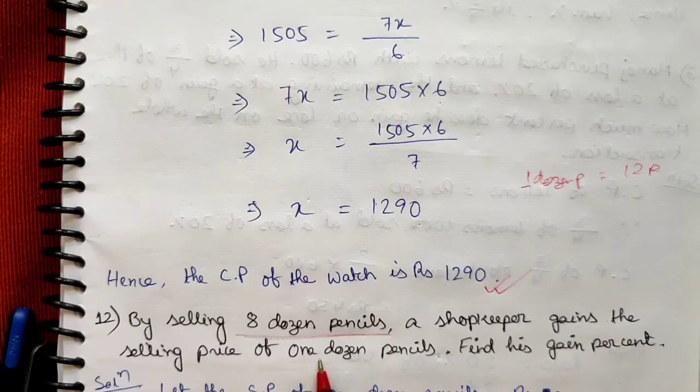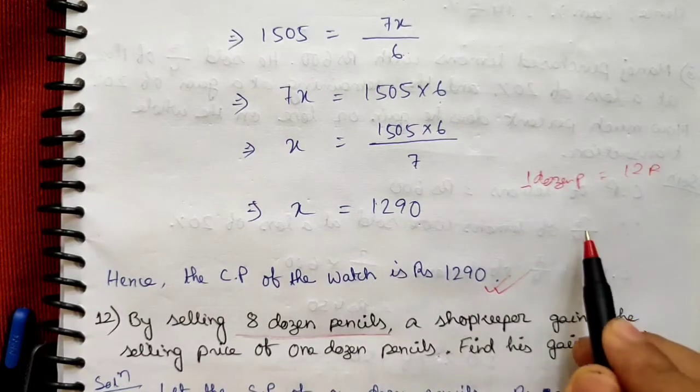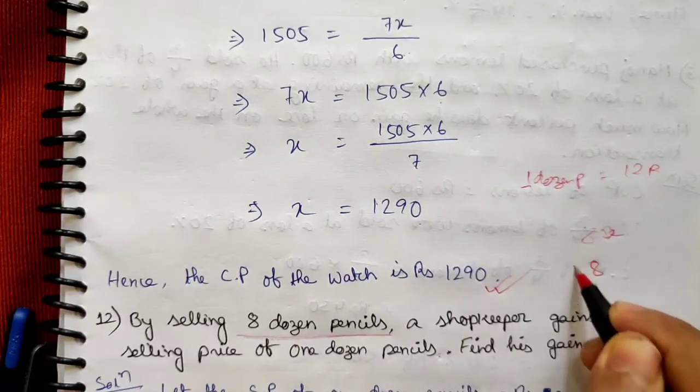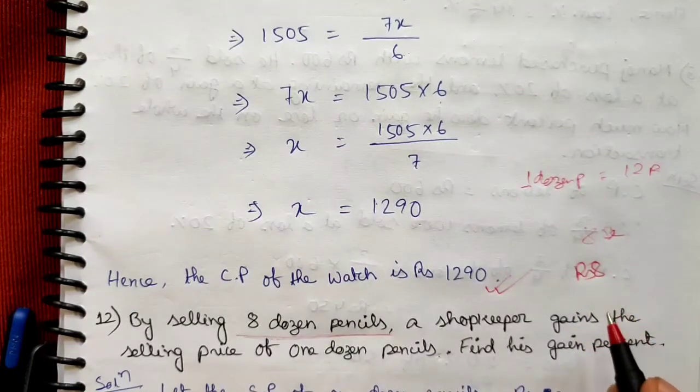Up to this clear? Suppose cost of 1 dozen pencil is how much? Cost of 1 dozen pencil is rupees 1, isn't it? So cost of 8 dozen pencils will be how much? Rupees 8, isn't it? So if he sells 8 dozen pencils, he will be getting rupees 8, and in this transaction he made a profit of rupees 1 dozen.